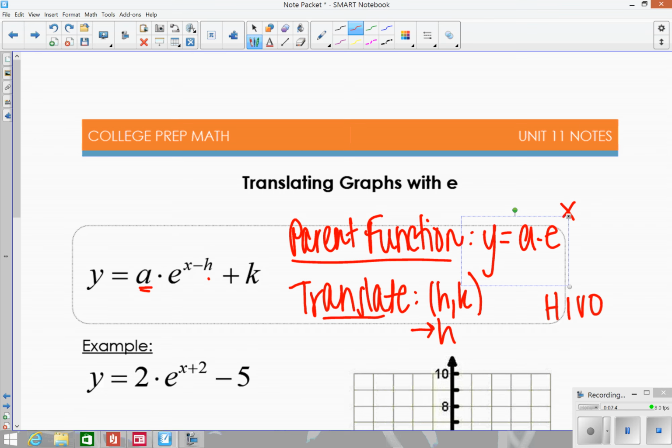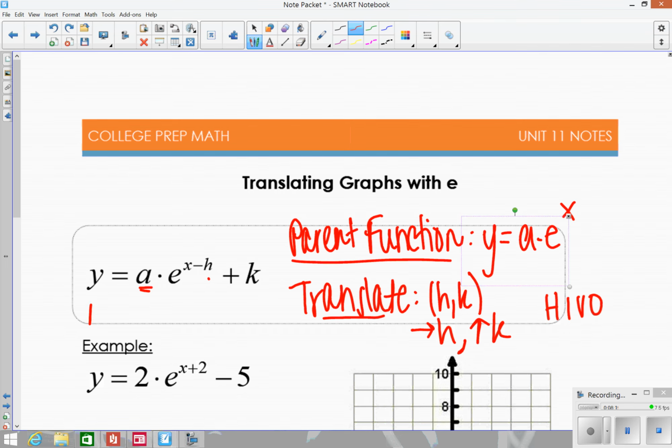So when you pull these out, notice how h becomes positive. From here it was negative, so it's always the opposite. And k keeps the same sign. So whatever numbers are here are actually the direction that you move. So if they're both positive here, coming from a negative and a positive, that means we're going right and up.